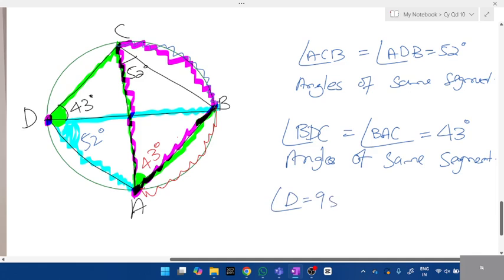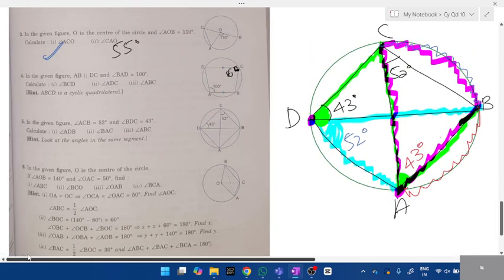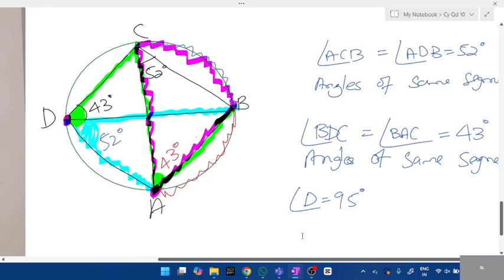Angle D is 95. If angle D is 95, what about angle B? How are angle D and B related in a cyclic quadrilateral? 180 minus 95. So what have they told us to find? ADB we found. BAC is also done. ABC, that is what they have asked.